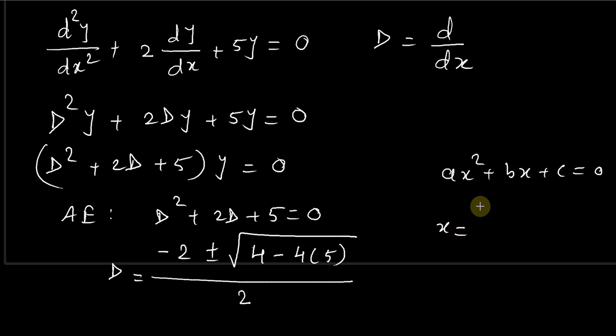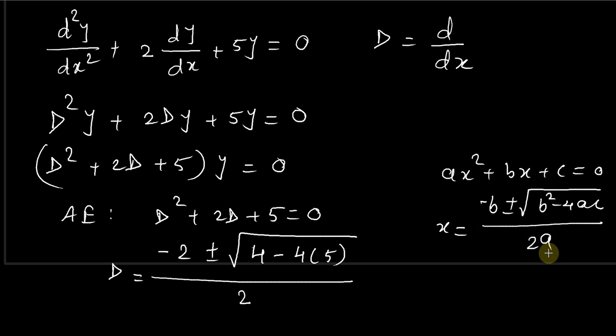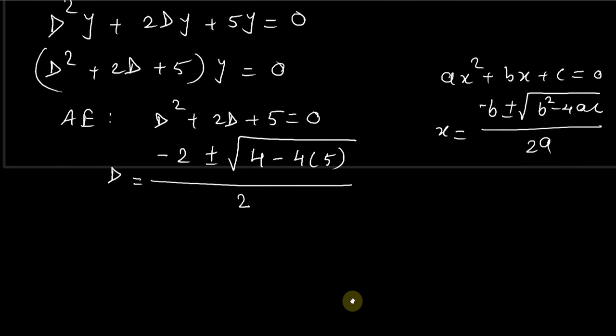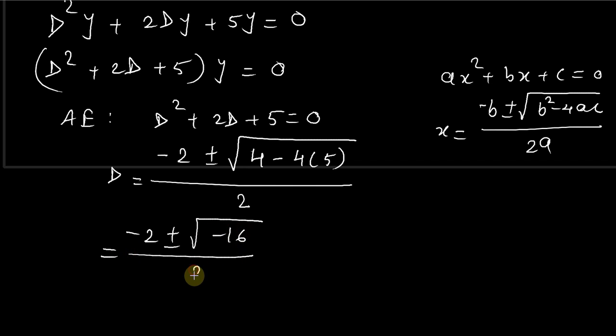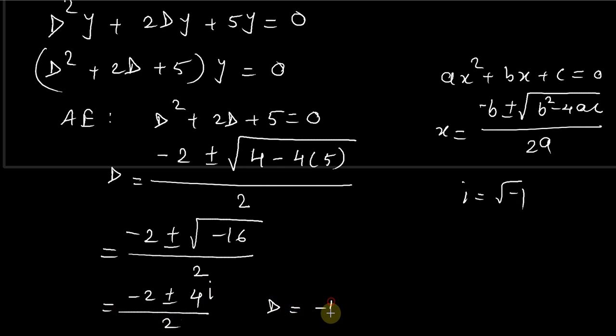Using this rule, we are going to find values of D. So this is minus 2, plus minus square root of minus 16, divided by 2. Square root of 16 is 4, square root of minus 1 is i, divided by 2. Dividing separately, we get minus 1 plus minus 2i.